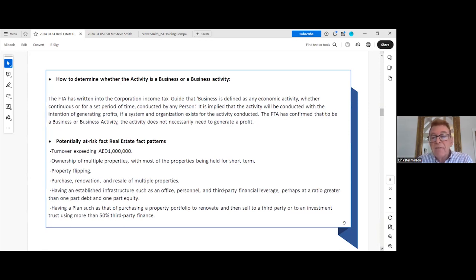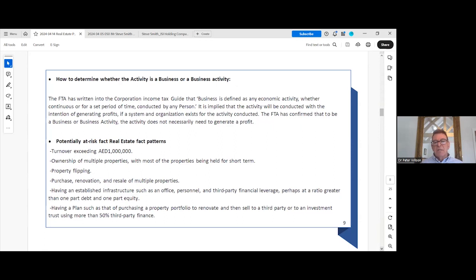So if our person sitting in Dubai with the one apartment in Sharjah has got a full-time job and just watches the rent coming into her bank account monthly, that's probably not going to be a system or an organisation.